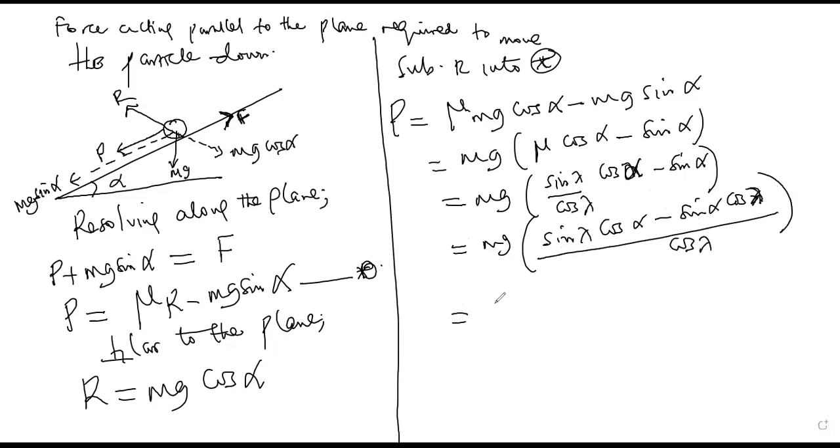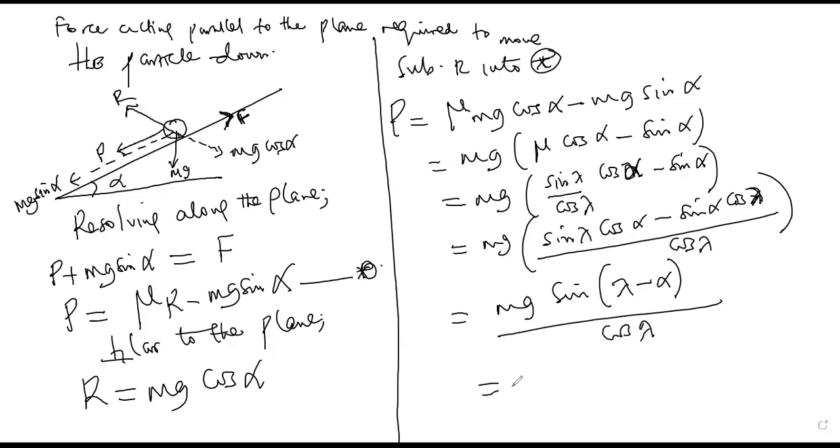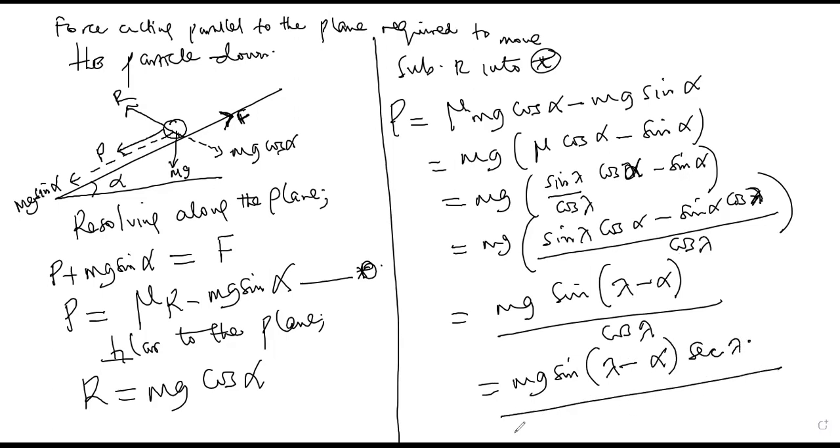So this is going to be mg, the expansion of this is sine of lambda minus alpha, out of cos lambda. Which will be mg sine lambda minus alpha sec lambda.